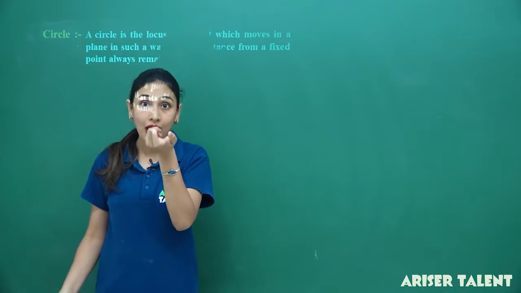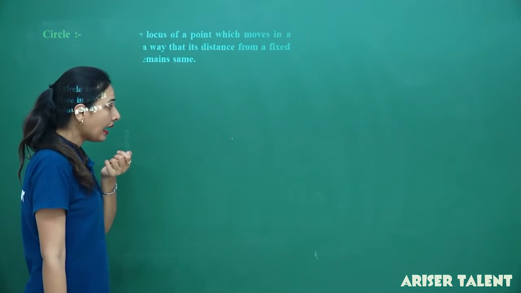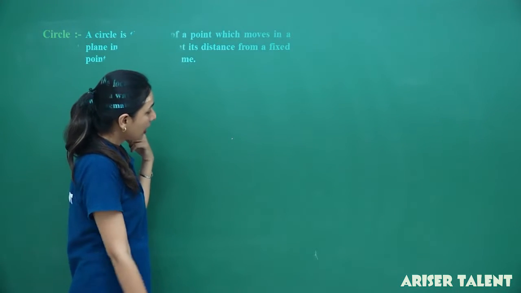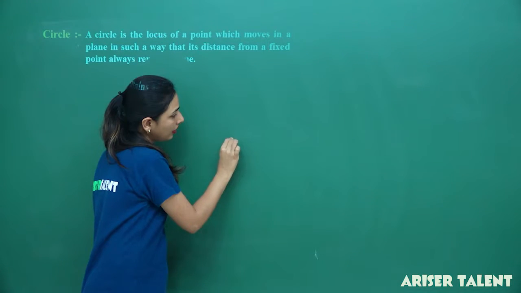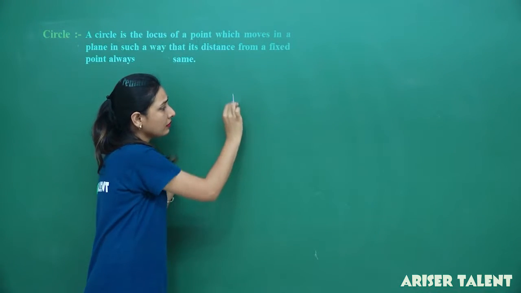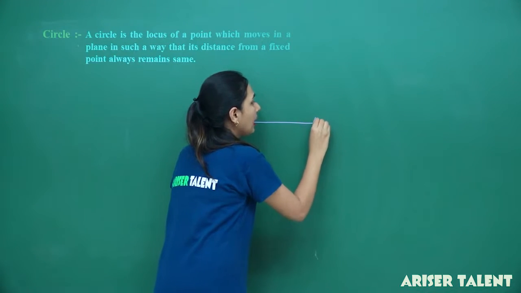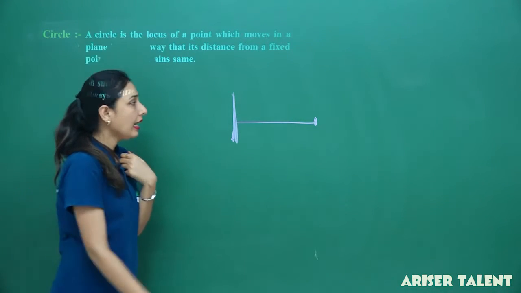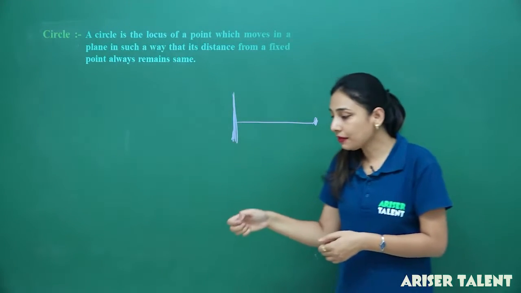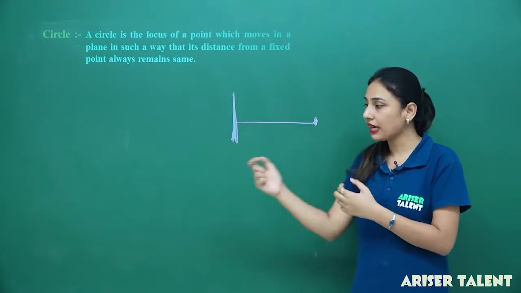So, I'm talking about a path here. Now, suppose I have a pole here and some kind of fixed rope.